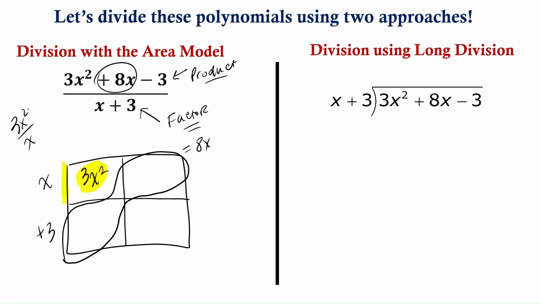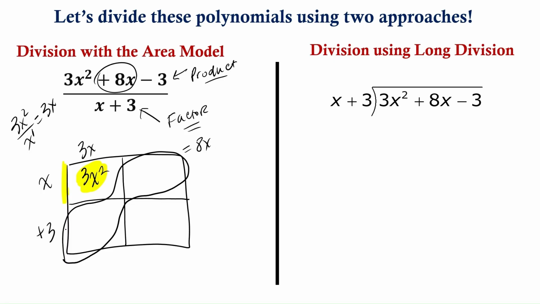Using exponent rules, we subtract the exponents: 2 minus 1 gives me 1. So this becomes 3x. So we know the width of this side is 3x, and 3x times x gives me that area of 3x squared.